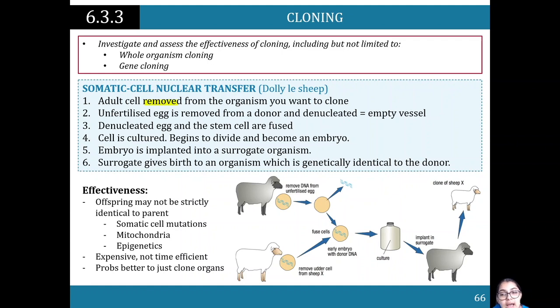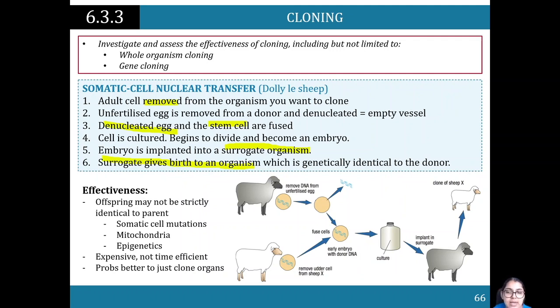We then take an unfertilized egg from a donor and enucleate it, so it's basically an empty vessel. The enucleated egg and the somatic cell are fused together, then the cell is cultured and begins to divide. We then plant that embryo into a surrogate organism, and the surrogate will give birth to an organism.